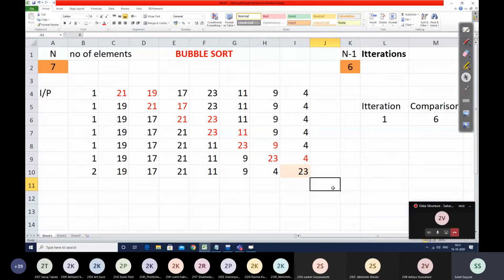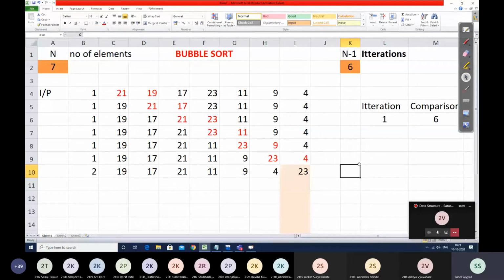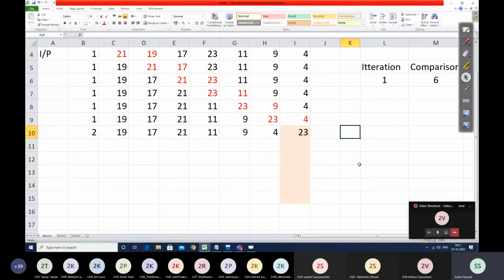So this space we are not considering for the next iteration. So now for me the problem is only this much: 19, 17, 21, 11, 9 and 4, which is now input of my second iteration.